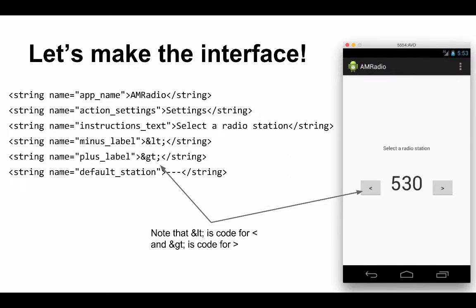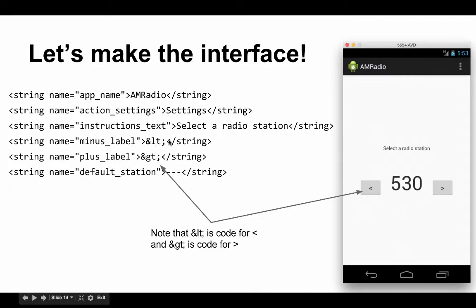So to begin, really, let's just code this thing. Let's make the interface. I've provided you with the strings that I intend to use. The only weird ones are ampersand LT semicolon and ampersand GT semicolon. LT stands for less than, GT stands for greater than. And this comes from the land of HTML.